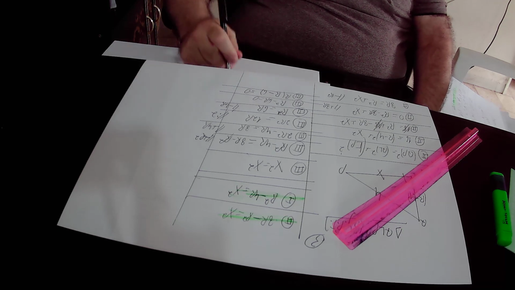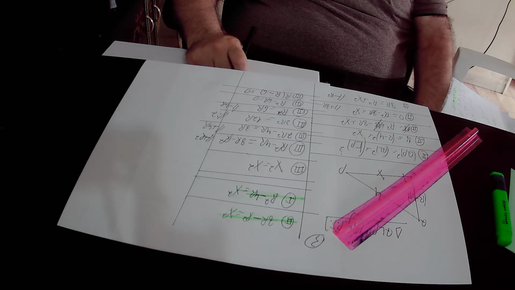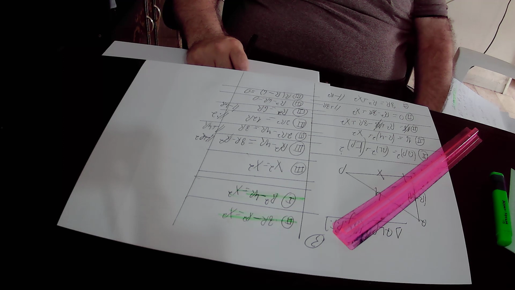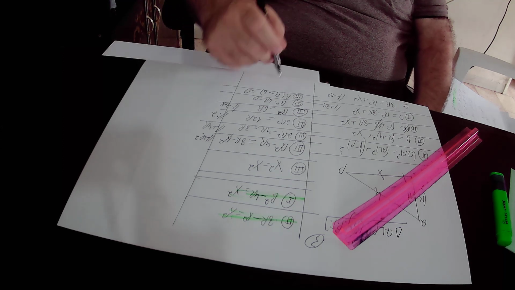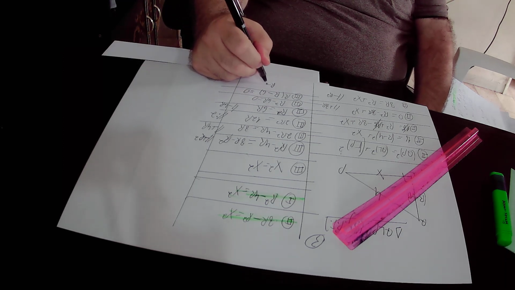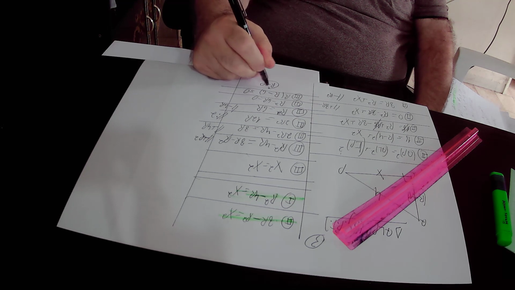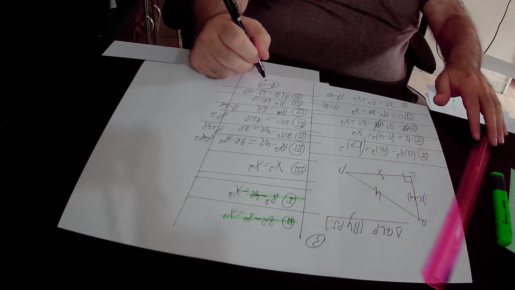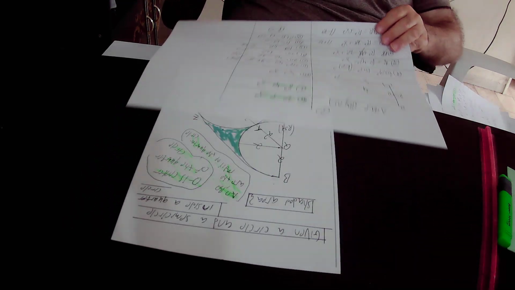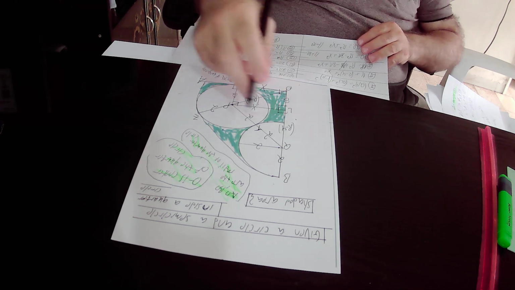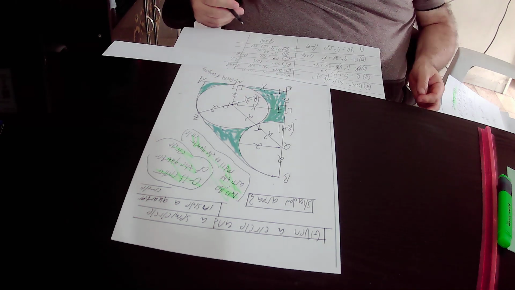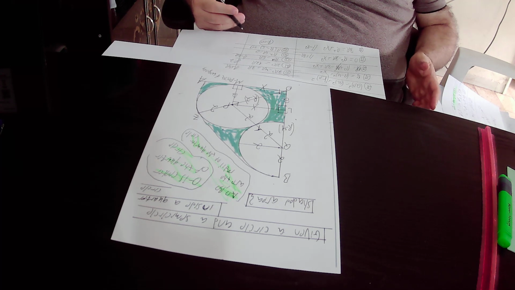So here we will have two possible solutions for R. The first solution is that R equals 0. But because R is the radius of this quarter circle, it is a length, and it must be a positive number.